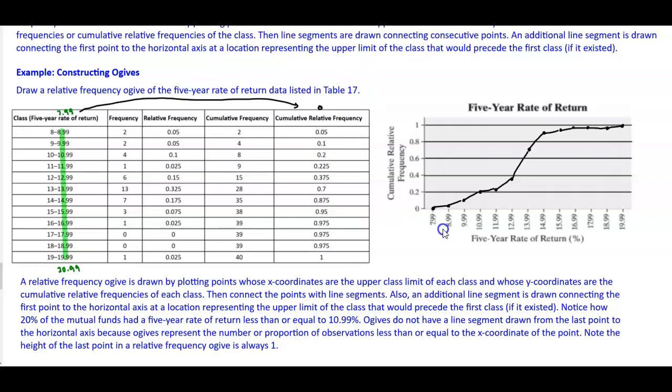Notice how 20% of the mutual funds had a 5-year rate of return less than or equal to 10.99%. Ogives do not have a line segment drawn from the last point to the horizontal axis because ogives represent the number or proportion of observations less than or equal to the x-coordinate of the point. Note that the height of the last point in a relative frequency ogive is always 1.